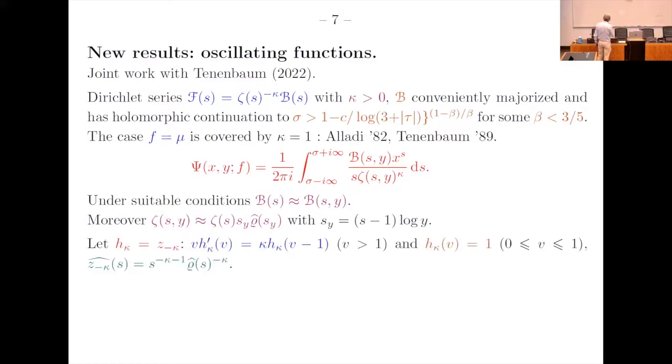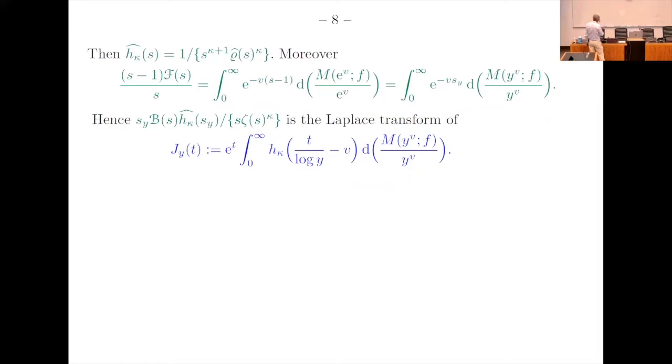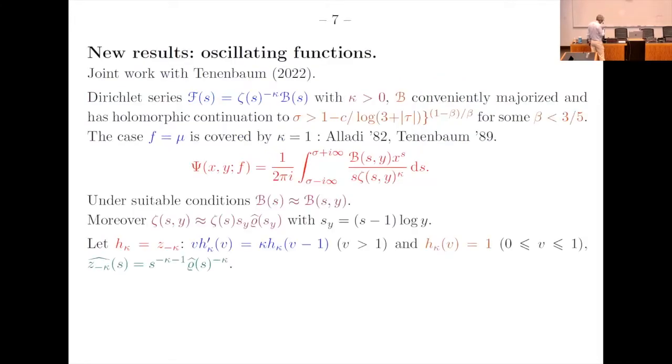And so you need to introduce the function h index kappa. This is z, but with index minus kappa, so that h satisfies this differential difference equation. When v is between 0 and 1, h kappa of v equals 1.